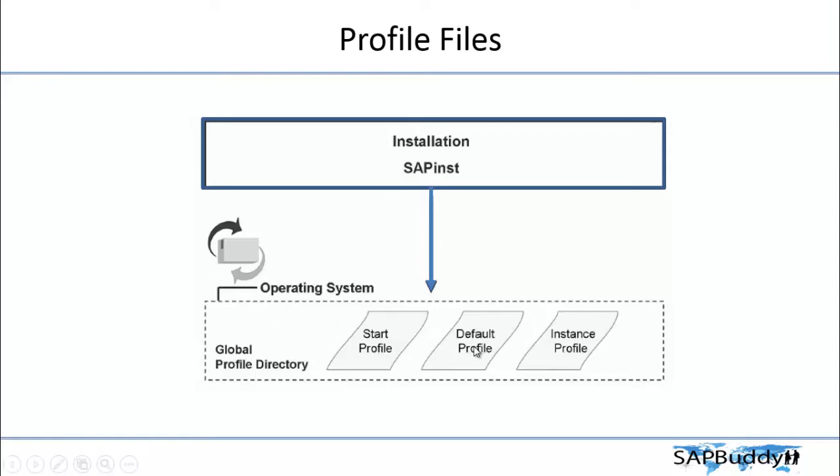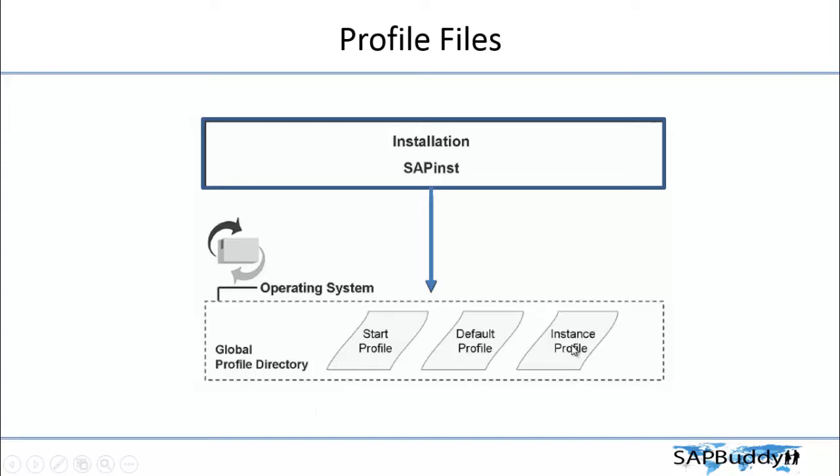Then the default profile is the next profile that is read after the system is started. The default profile contains the parameters or profile values applicable to all systems. In an SAP system you will have a central instance and application instances. So if you want one value to be applicable to all of them, you maintain this value in the default profile.